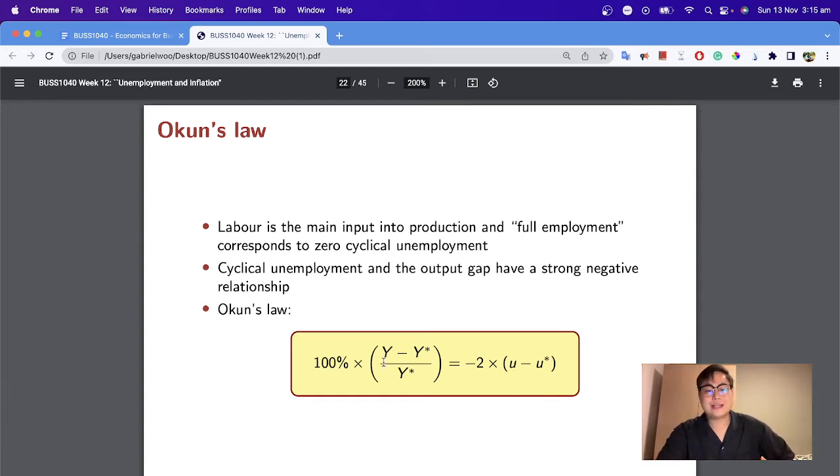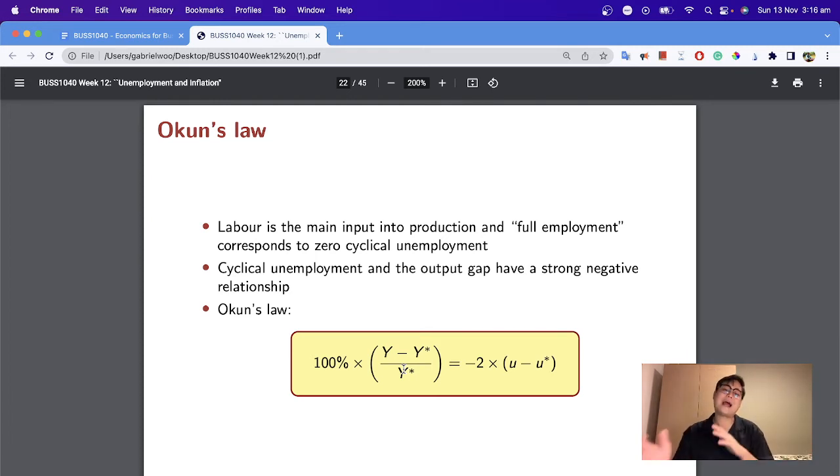And then Y once again is aggregate GDP, and Y star is the full employment level GDP, or expected GDP. That means for every 1% of people being cyclically unemployed, we expect GDP to fall 2% below its natural long-term value.